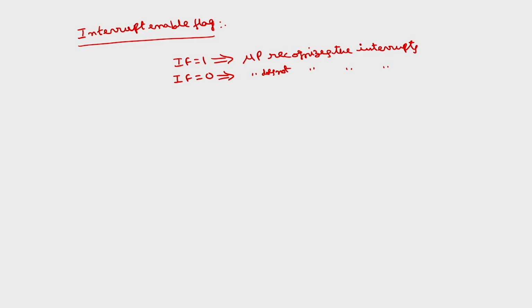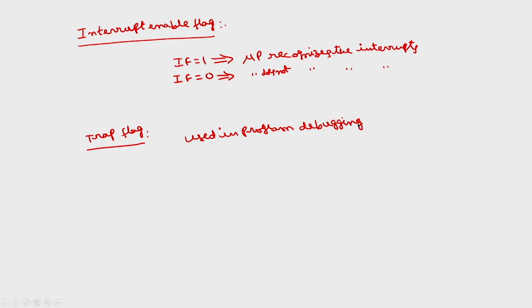So, that is about interrupt enable flag, and the last flag, the third control flag, is trap flag. This flag is basically used for debugging a program. Debugging means checking for the errors.